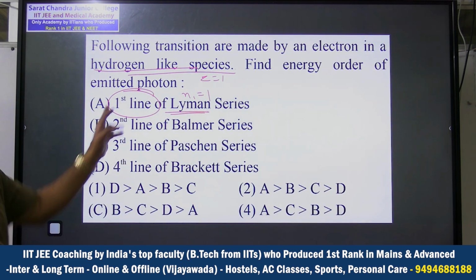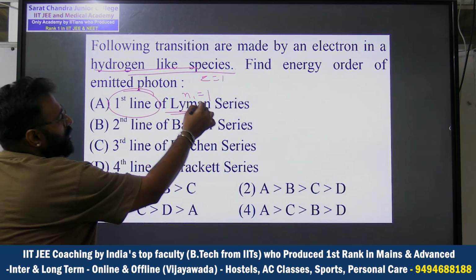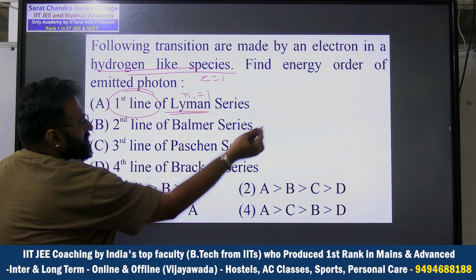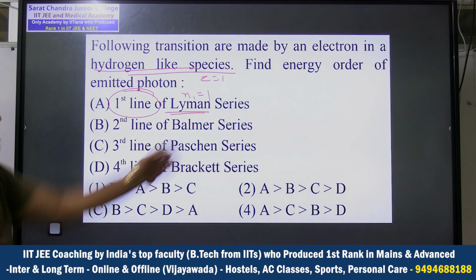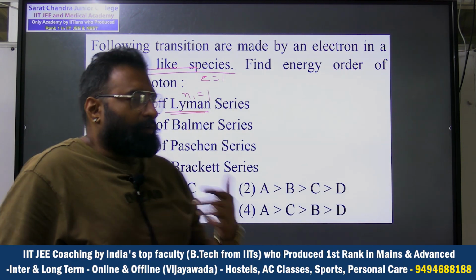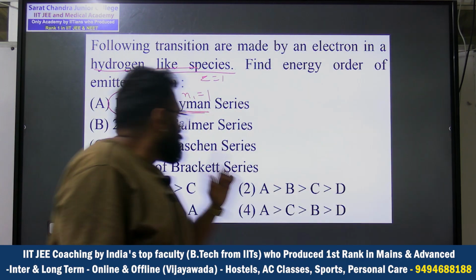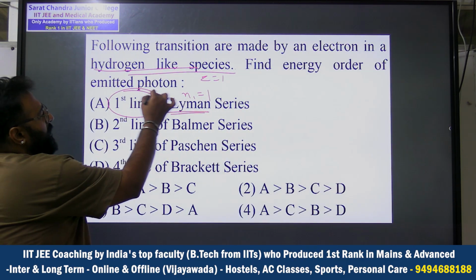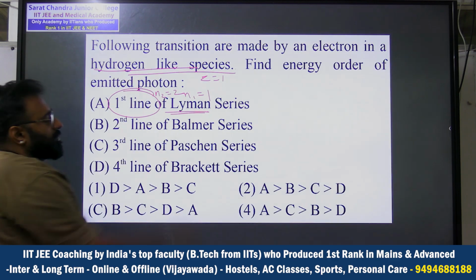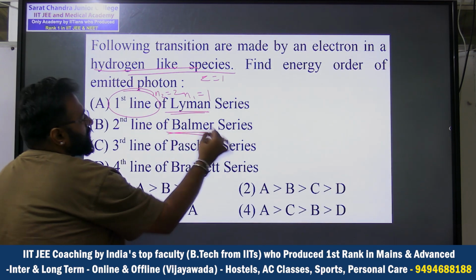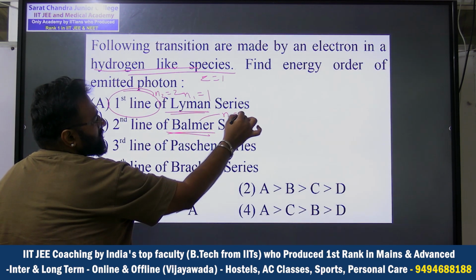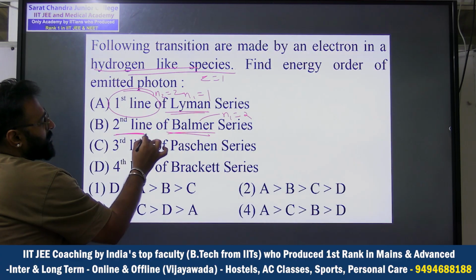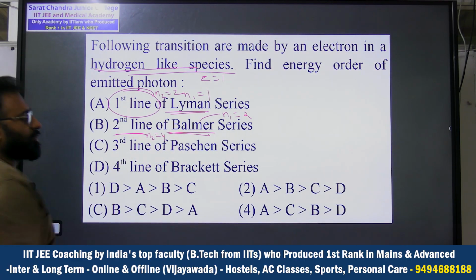And when we say first line, what is the first line? First line means n1 equal to 1 and n2 equal to 2. For the Balmer series, n1 is 2 and second line means n2 is 4.